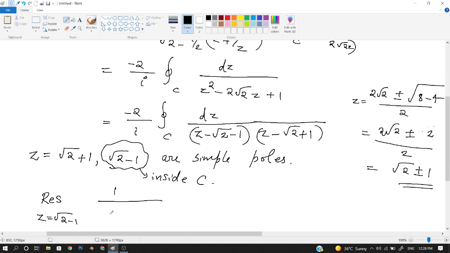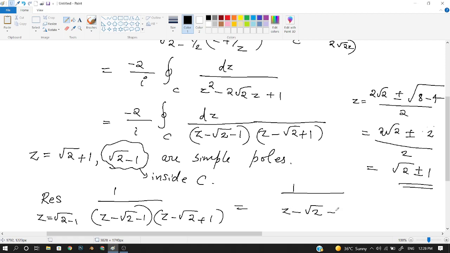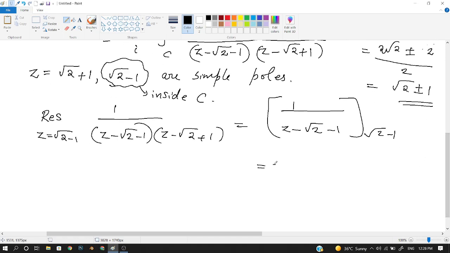So our function is 1 by z minus root 2 minus 1 into z minus root 2 plus 1, so the residue at root 2 minus 1 is equal to minus 1 by 2.